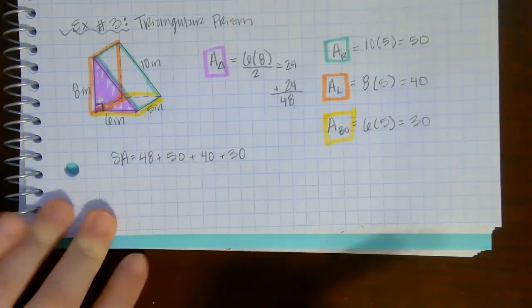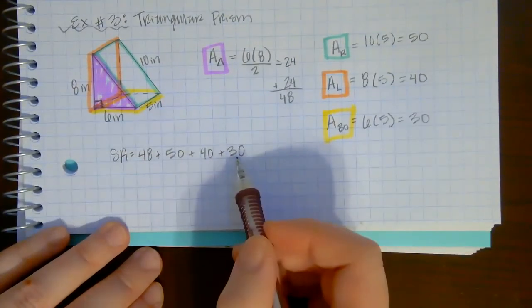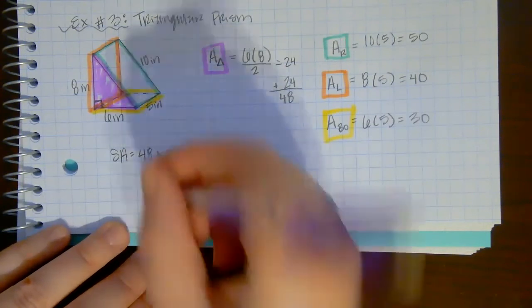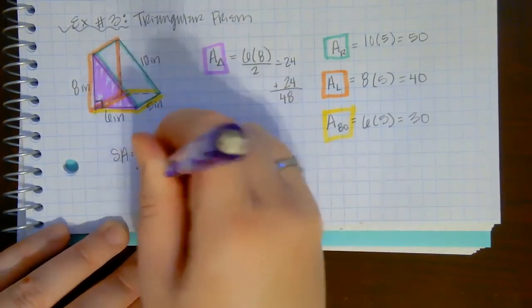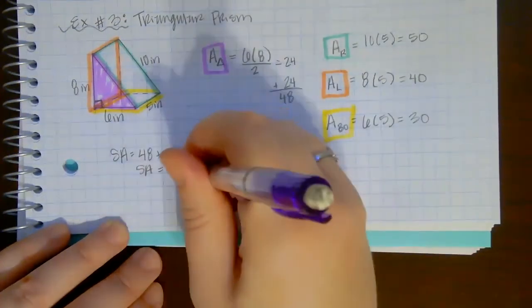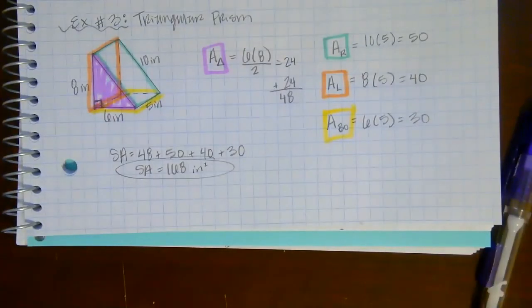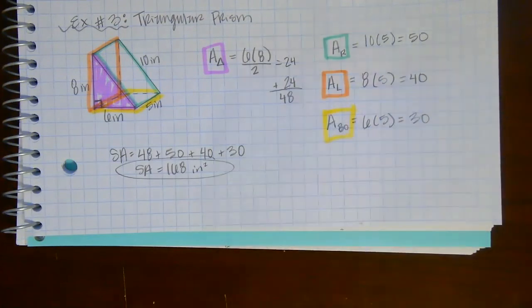So I'm going to add those all up together. 50 plus 40 is 90, plus 30 is 120, plus 48 is 168. And it's area, so it's inches squared. And there you go. It's a little bit easier when you color coordinate things, but that's that.